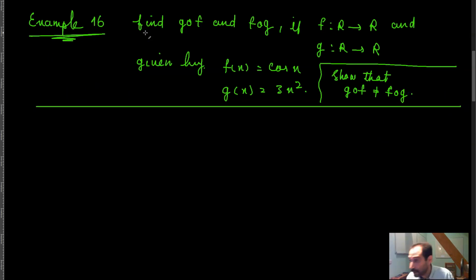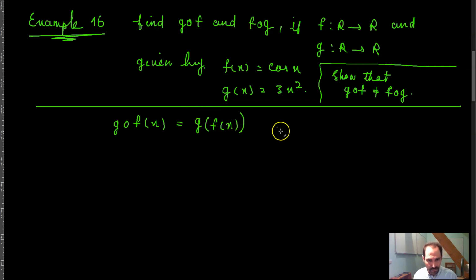Okay, so basically to calculate GOF of x, of course you know that GOF of x is g of f of x, meaning that you have the function f of x, whatever that function outputs, you give that output as an input to the function g, and then function g gives you some output relative to that input.